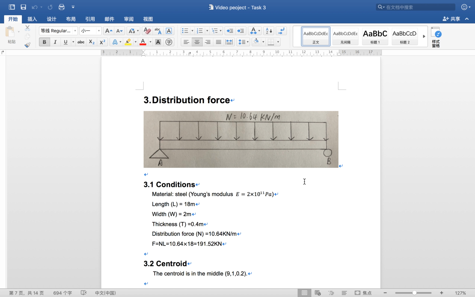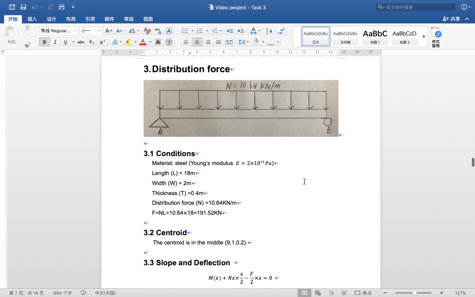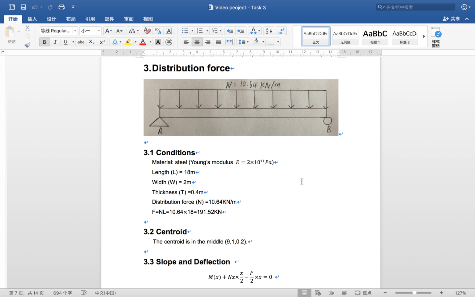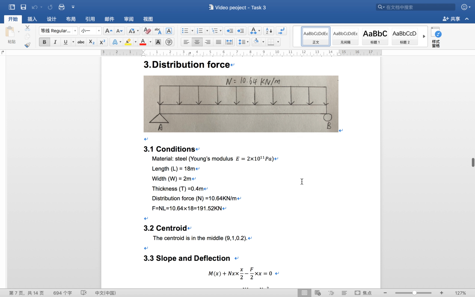In the distribution force, n is equal to 10.64 kilonewton per meter, and so F is equal to n times l times 18, which is 191.55 kilonewton.